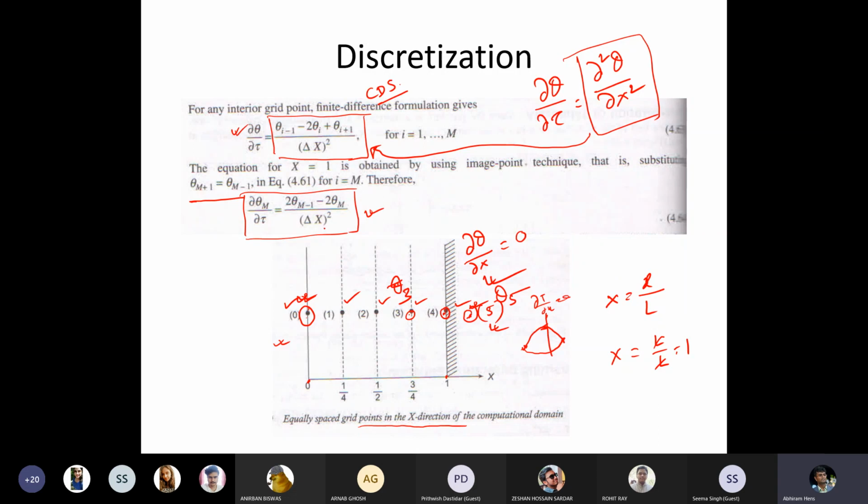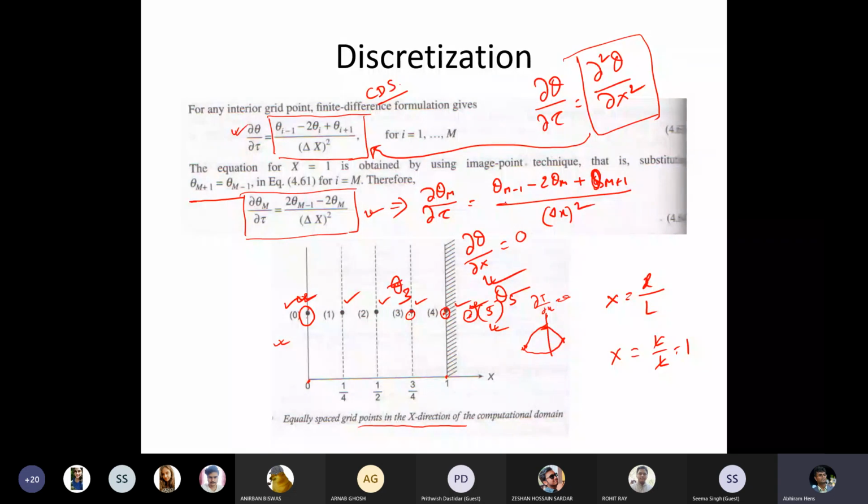If I write it, you can understand it this way: d theta m by d tau can be written as theta m minus 1 minus 2 theta m plus theta m plus 1 by delta x square. Okay, so this is how you can write it.